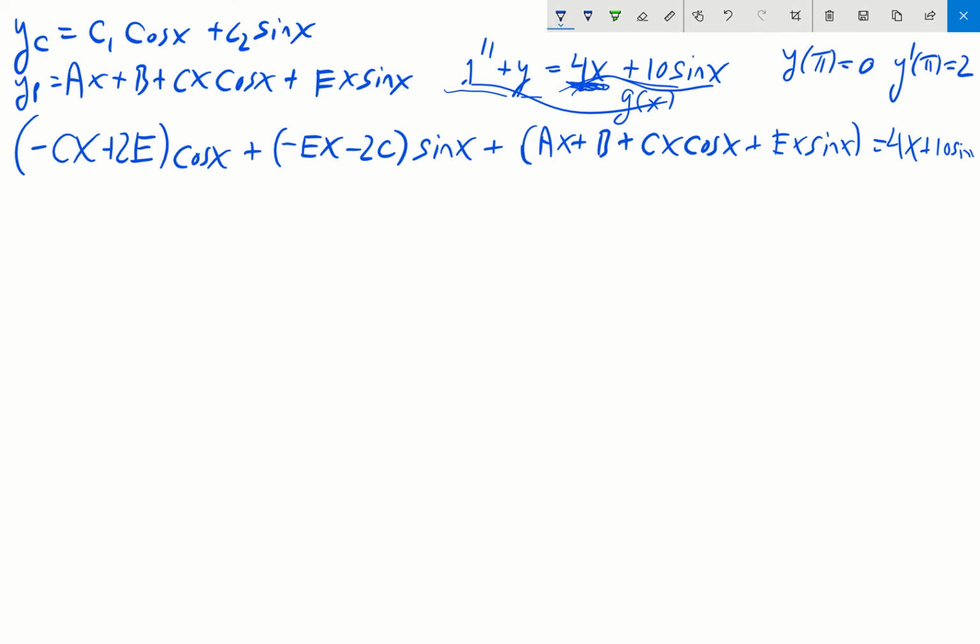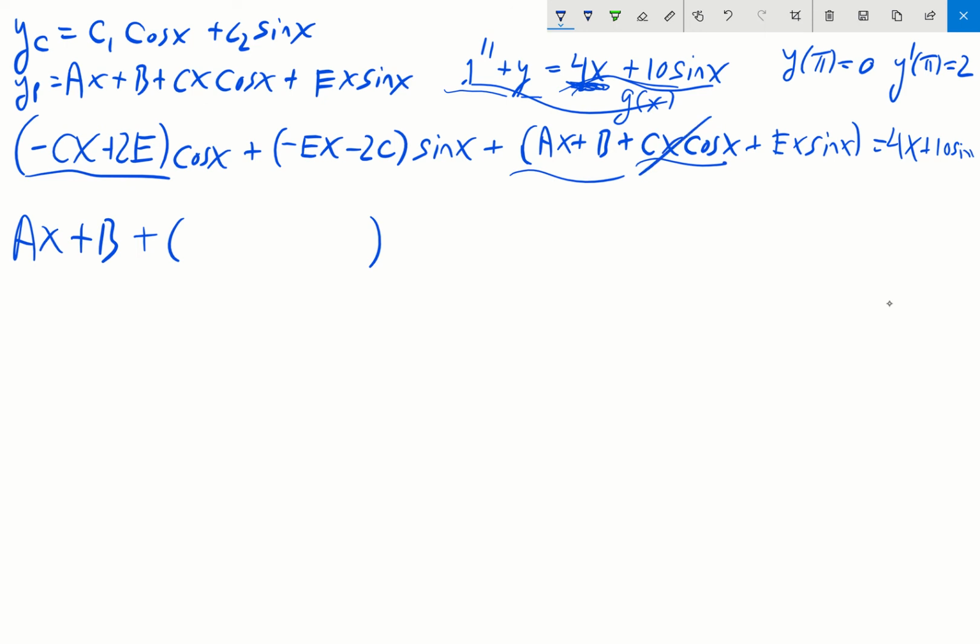So we again want to combine like terms to help ourselves out. The polynomial comes first on the right hand side. This is the polynomial part we have here. We have ax plus b. The next thing, notice I don't have any cosine terms here, but I'll write the cosine term next. Traditionally, the cosine would come next. We have a negative cx plus 2e, and then we have another cx cosine of x.